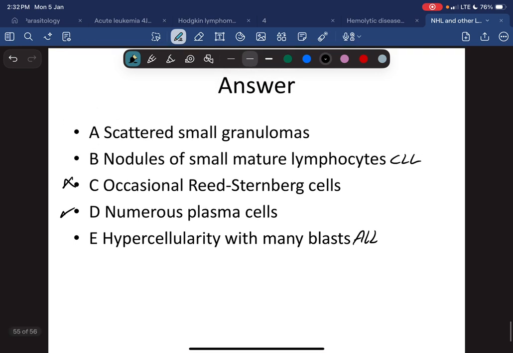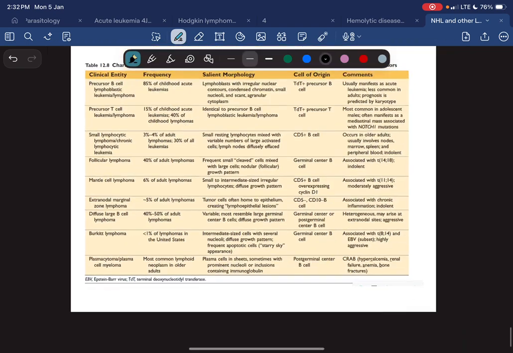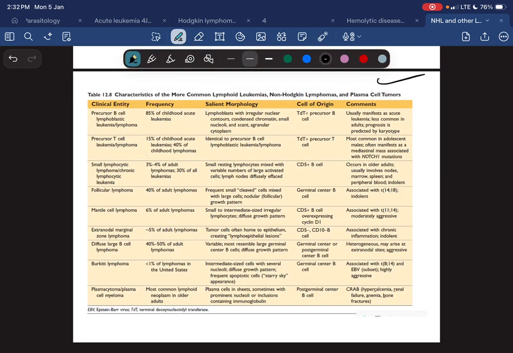So we have covered most of the lymphoproliferative malignancies: ALL, T-cell lymphoma, T-ALL, CLL, follicular lymphoma, mantle cell lymphoma with translocation 11;14.